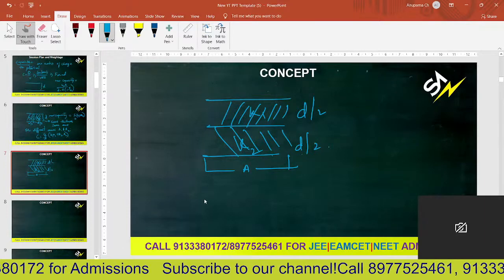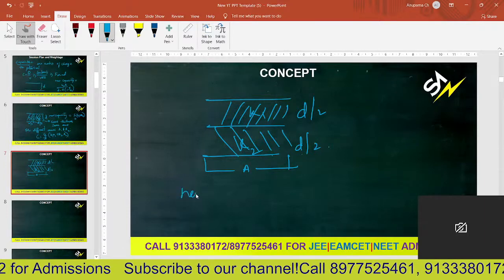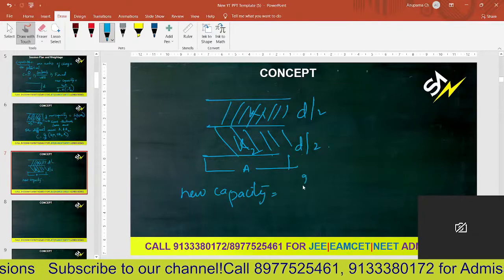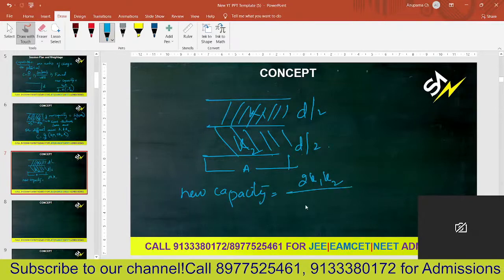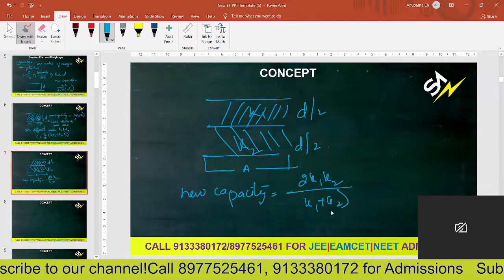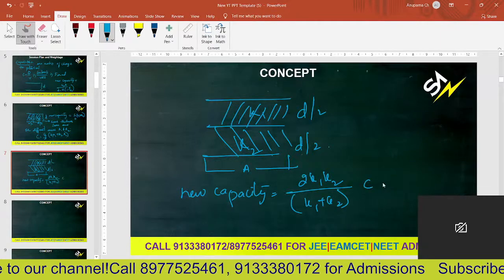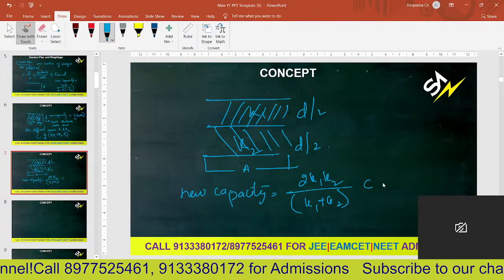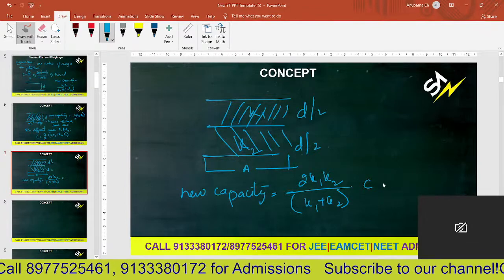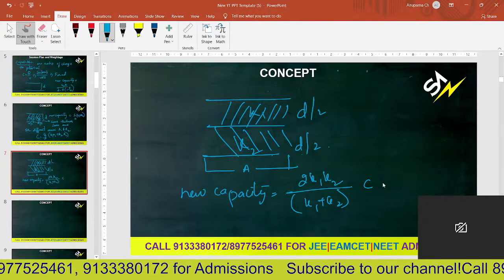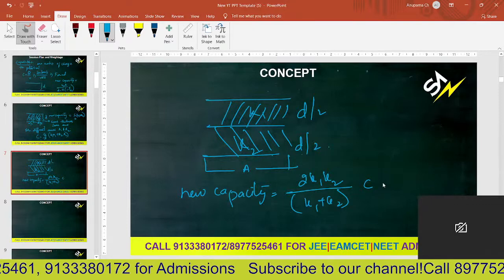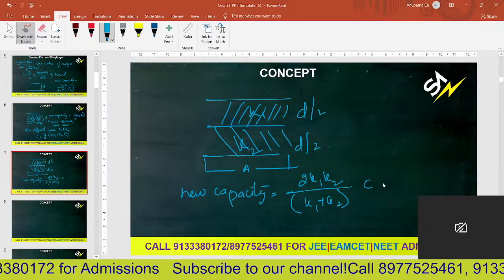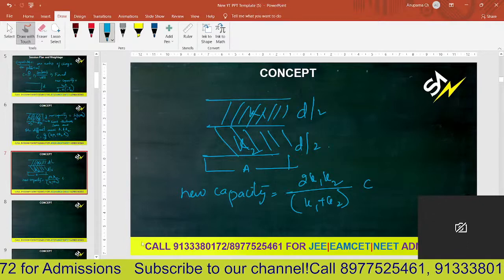In such cases, the new capacity is given by 2 K1 K2 by K1 plus K2 into C. So this is the new capacity when you are introducing two slabs of different thickness like this.